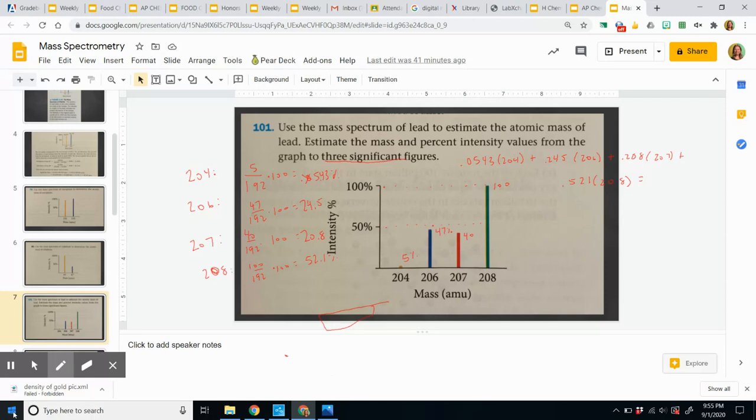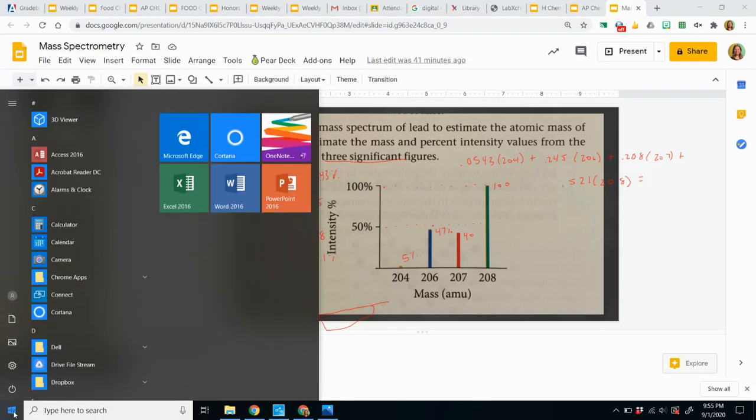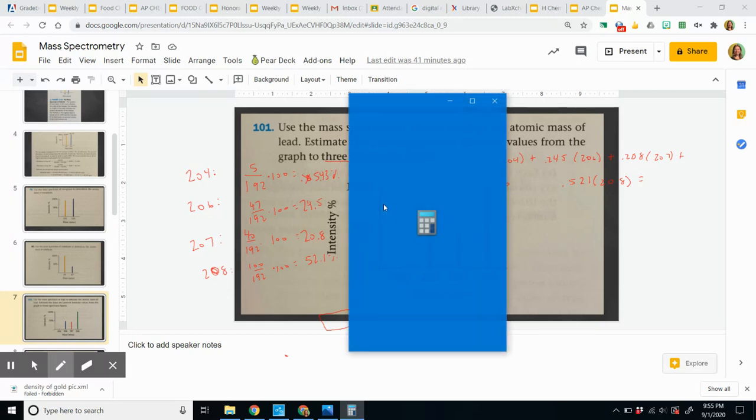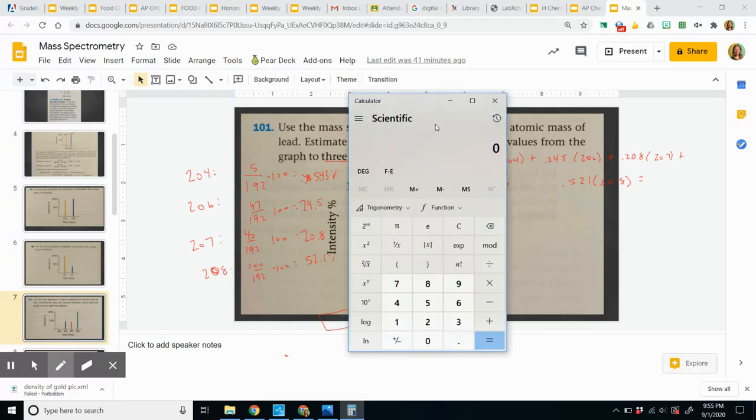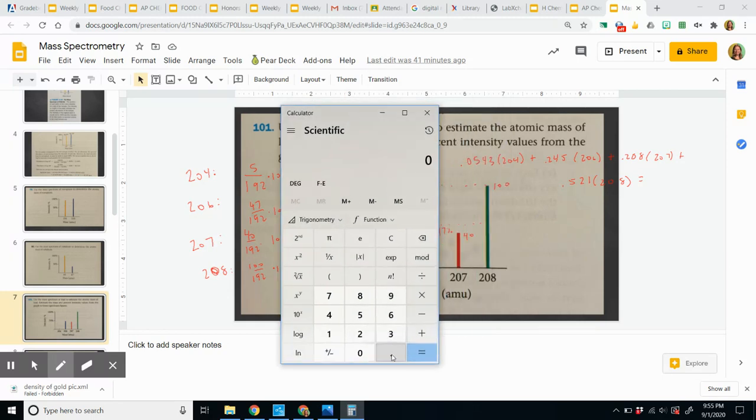Lost my calculator. All right, 0.0543 times 204. This thing's being very sticky.